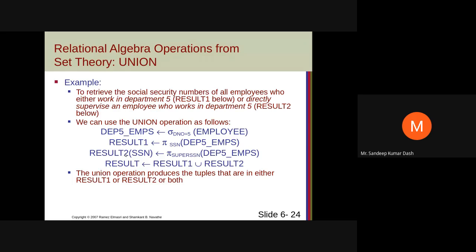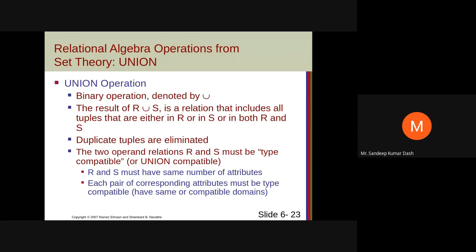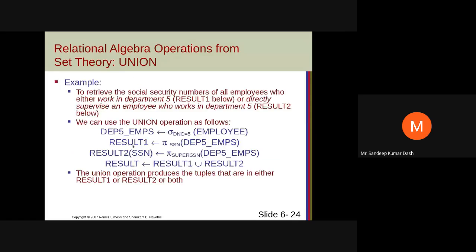Both have one column each, and the column name is SSN in this and SSN in this, because you are renaming here. It is called renaming. Here super SSN was renamed to SSN. Now you can apply the union operation. It will be stored in result. So result has one column only.